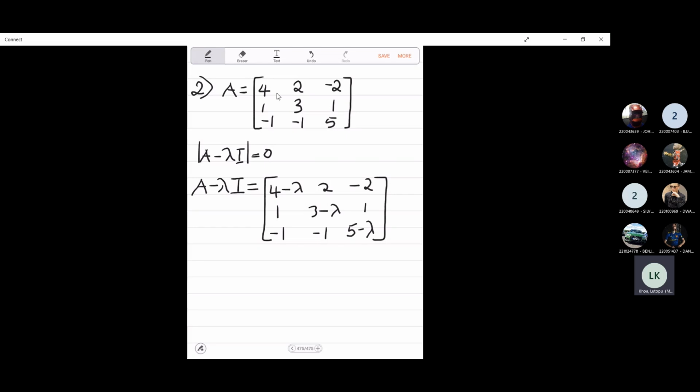So you subtract lambda on the leading diagonal, and then you work out the determinant of this matrix.